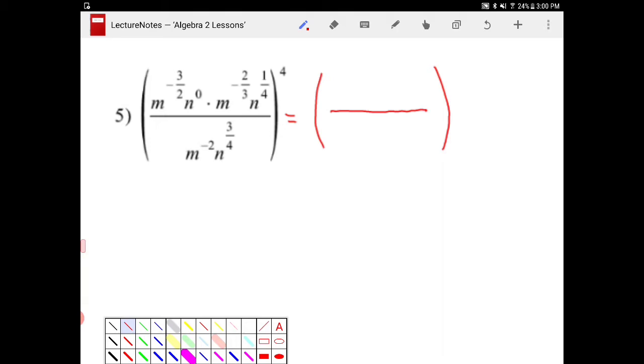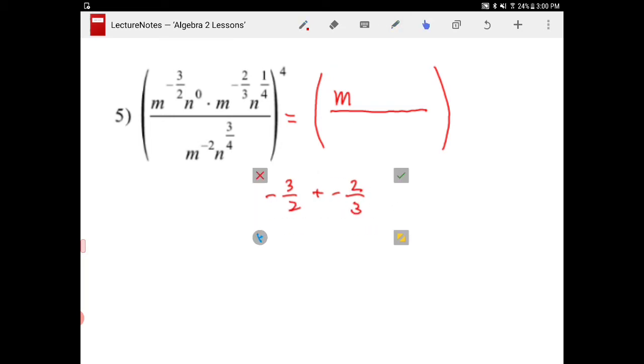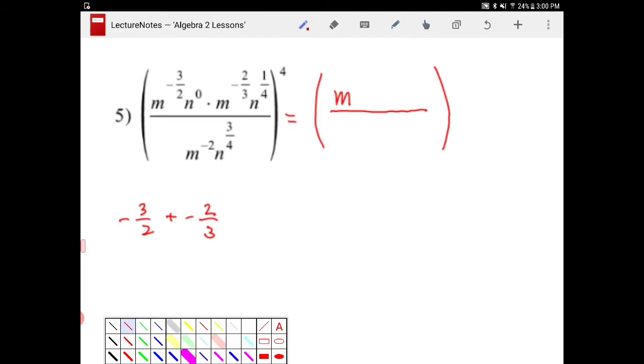So m to the negative 3/2, m to the negative 2/3. That would be m to the, let's see, negative 3/2 plus negative 2/3. Notice I'm doing the scratch work on the side here. What is that equivalent to? That is equivalent to negative 9/6 plus negative 4/6.